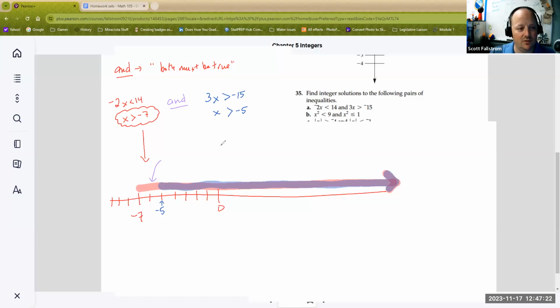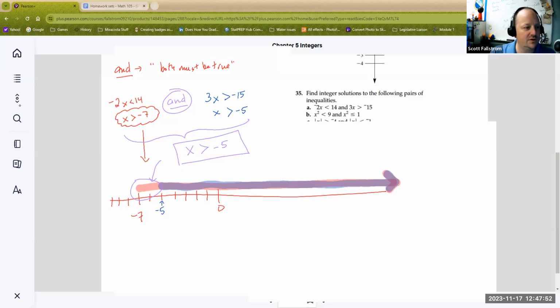The numbers that work for both, if I did one in red and one in blue and I shaded that way, would be the numbers that are in purple. Purple, like I've colored here, is the and. It's the overlap. It's where do they both meet up. So you can see, aha, even though there's a little tail down here, it only works for one, so I have to remove it. My final answer would be all numbers that are greater than negative 5. That's where the overlap starts.